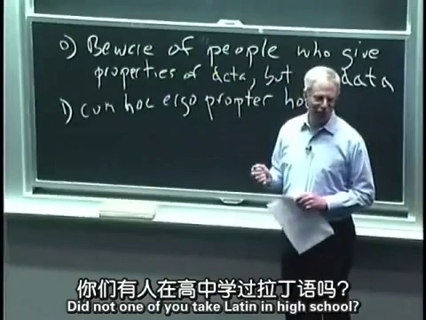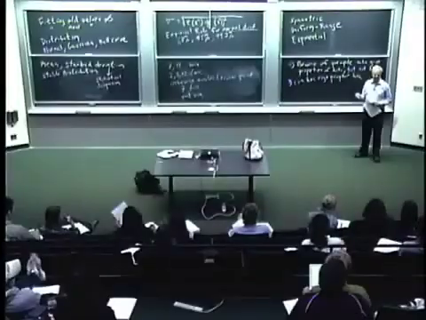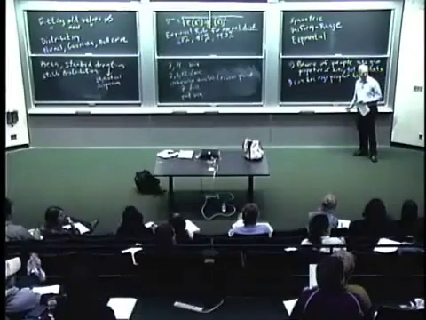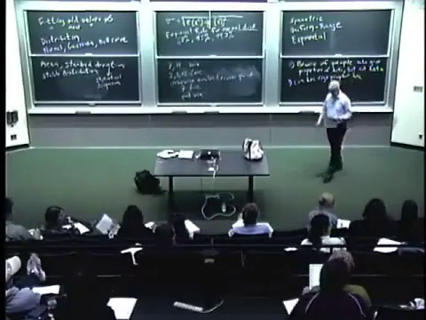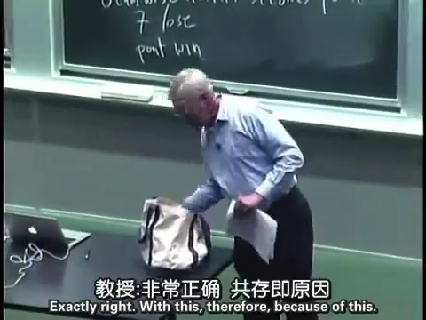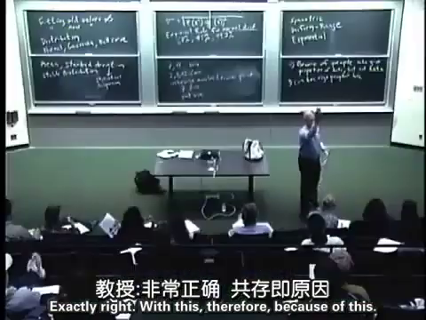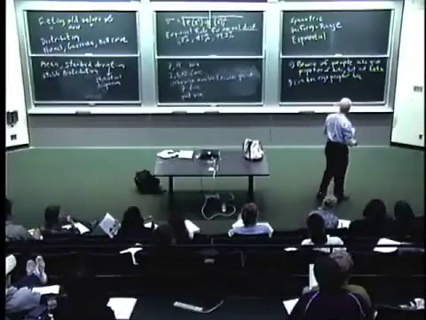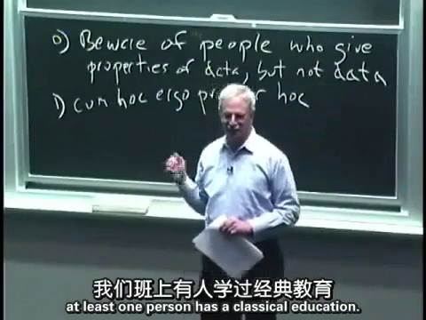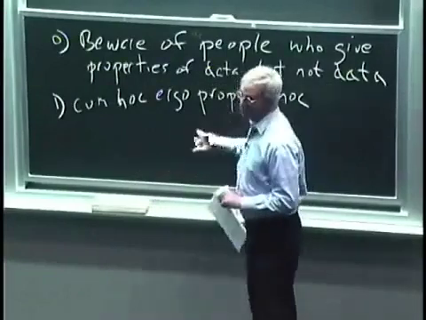Did not one of you take Latin in high school? Ah, we have someone who did. Go ahead. I think it means with this, therefore it works. Exactly right. With this, therefore, because of this. I'm glad that at least one person has a classical education. I don't, by the way.